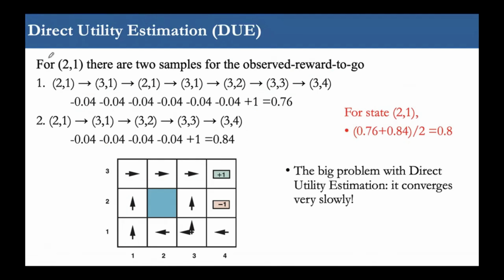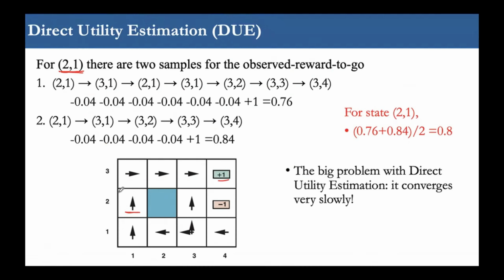And for example, we will consider another movement starting from 2, 1. It means that our agent is in this position 2, 1. From here, it takes one path to reach the goal plus 1. Now we will see in which path it is moving.